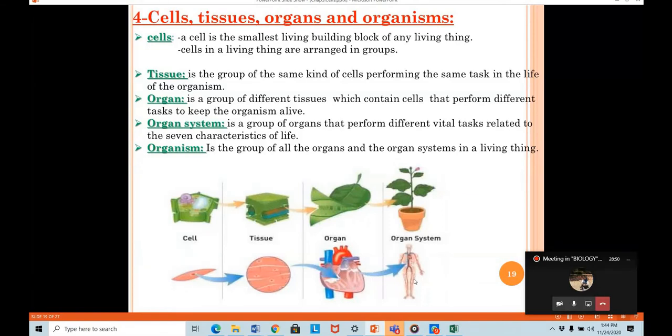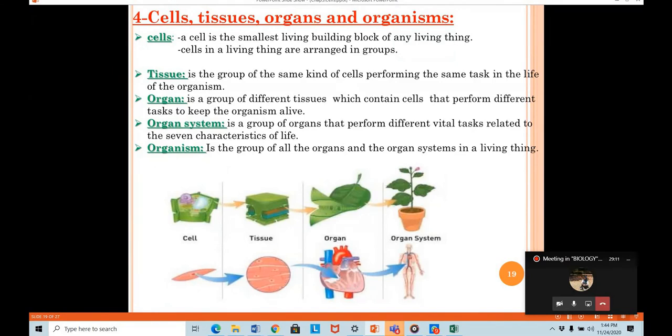Organ systems come together to form an organism in an animal or human. Similarly, in a plant, this is a plant cell. It comes together to form tissue, and the tissues form the various organs in a plant, which are leaves, stem, flower, roots, and the organ is the plant over here.